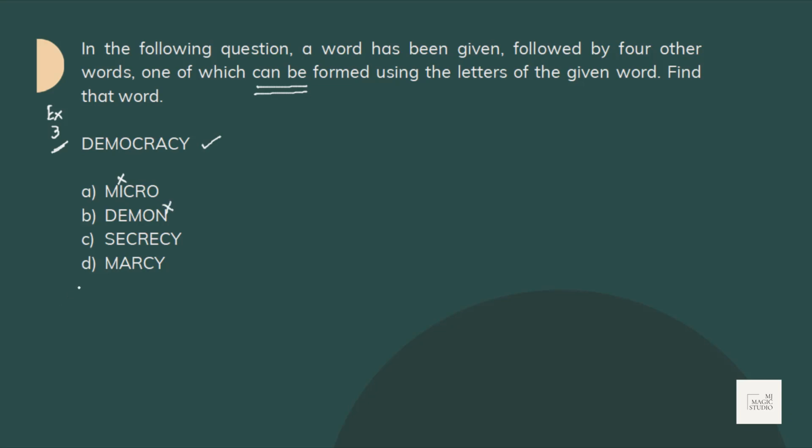DEMON is there, but there is no N. SECRE, there is no E. So the first 3 options get cancelled. We are left with only Marcy, M-A-R-C-Y, all are there. Option D fits in. Yes, we can frame the word Marcy with this.